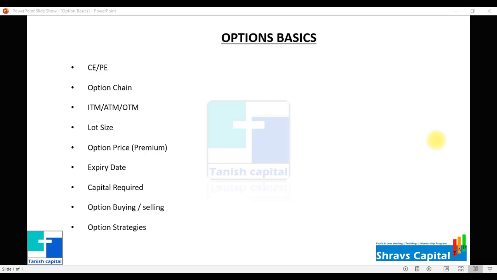And one more problem is social media. If you go and look at social media like Twitter, Facebook, and common places, a lot of fake trainers or fake call providers, or someone who calls themselves the god of options, are just misleading people. They are trying to create greed in retail investors by saying tempting things like you can easily make money in options, option buying is very easy.